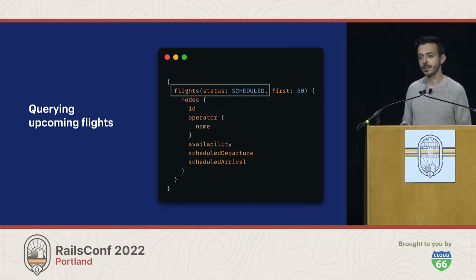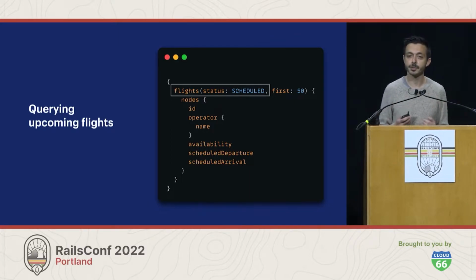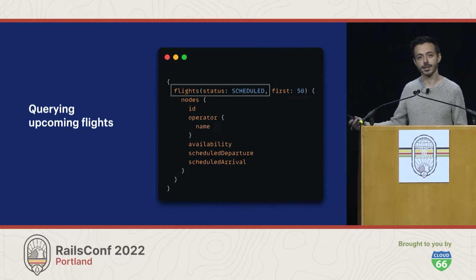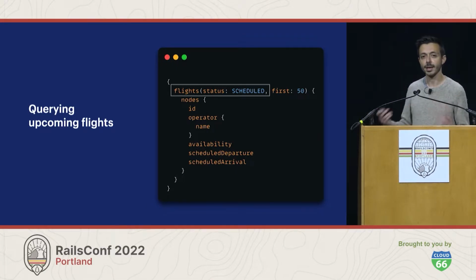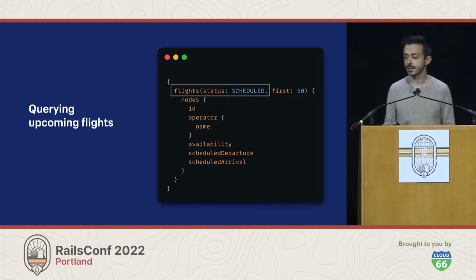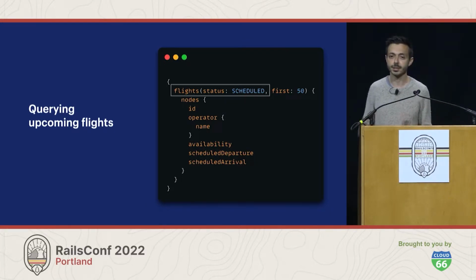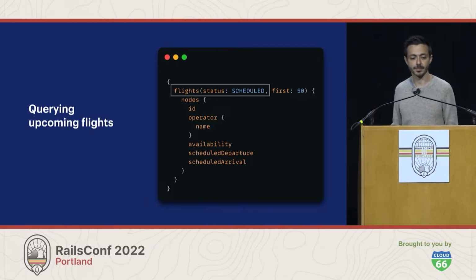We can start with this query that will return the scheduled flights, so the upcoming flights. We start with the flights field, and we pass the schedule status. The schedule status maybe just removes the flights that were canceled or happened in the past.